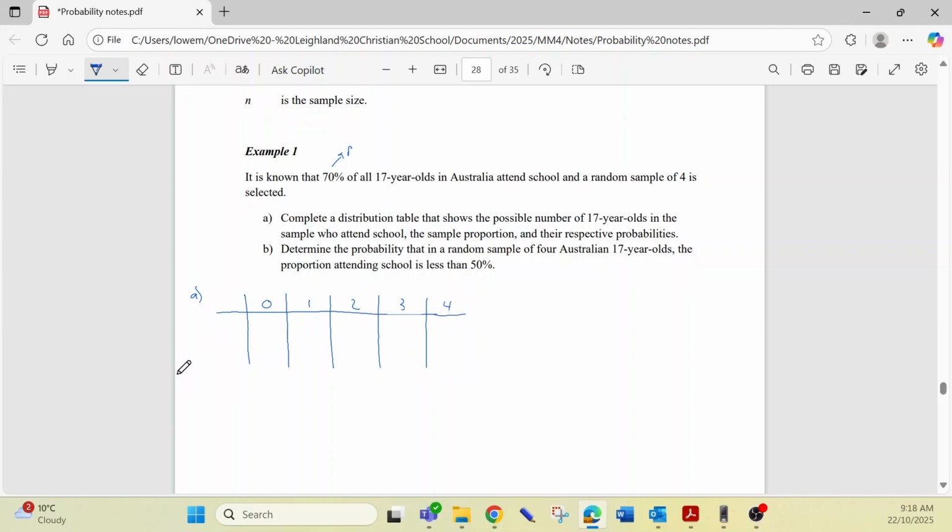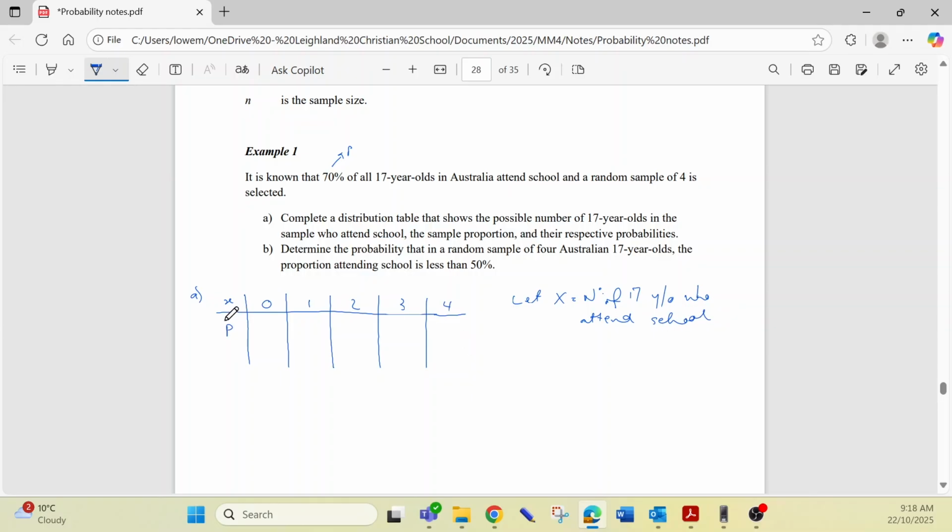Okay, so that is the number that we're looking at, and this would be x, if you like, letting x be the number of 17-year-olds who attend school.